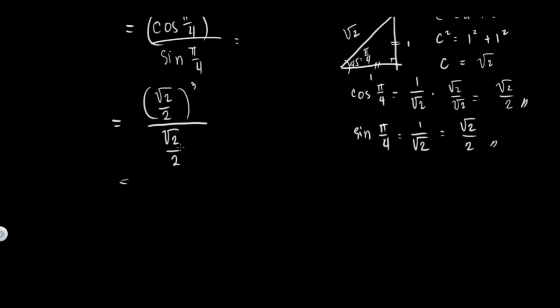Yung nasa baba naman, square root of 2 over 2, naka-raise lang sa 1. So, pwede natin itong tanggalin. Ito, bawasan natin ito ng isa. So, may natirang dalawa. So, square root of 2 square is 2 over 4. 2 square is 4. Or simply, this is equal to 1/2. So, this is now your answer. Diba?